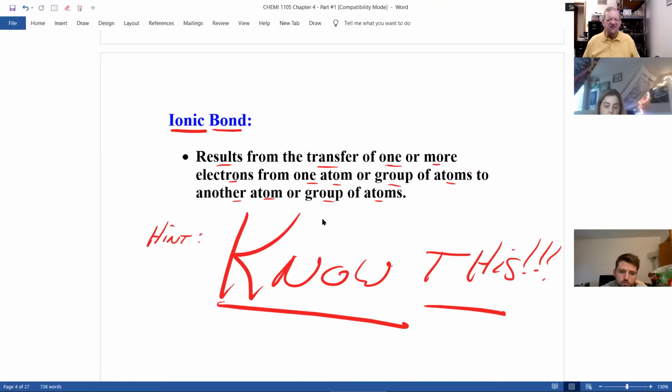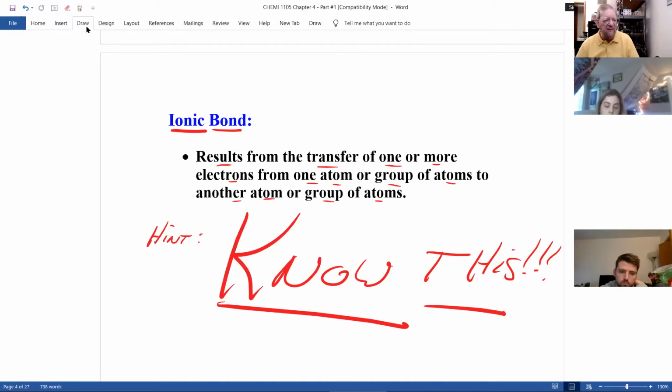If I ask on a test, and don't remember, this is material for test 2, not test 1. What is an ionic bond? And you can say that's the transfer of one or more electrons from one atom or group of atoms to another atom or group of atoms. Or you can put it in results from, either way. But ionic bond is the transfer of one or more electrons from one atom or group of atoms to another atom or group of atoms.